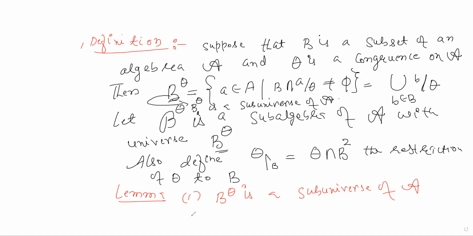And secondly, I will show that theta restricted on B is a congruence on the algebra B. So there are two things to be proven.